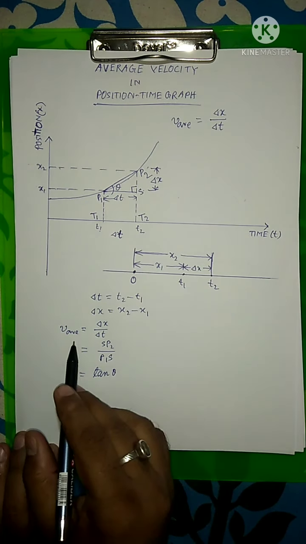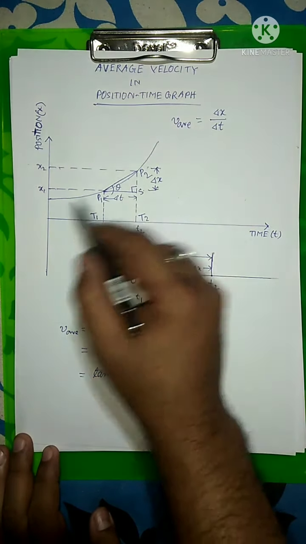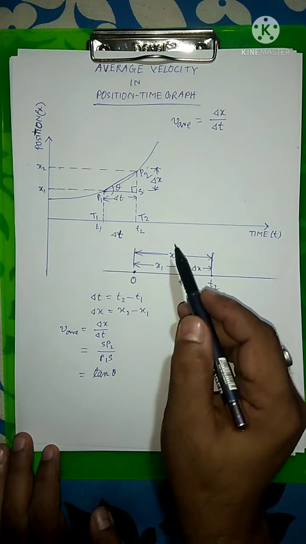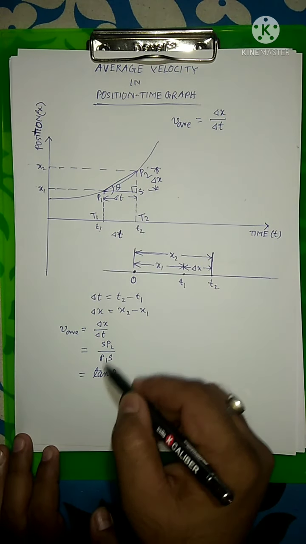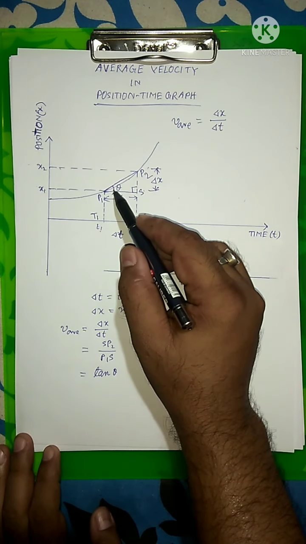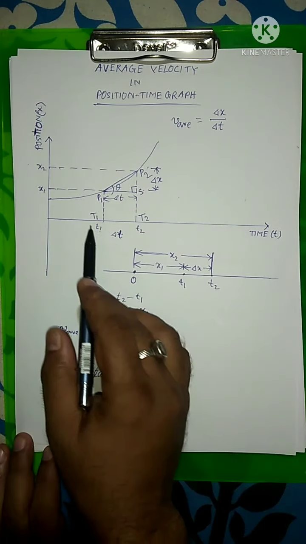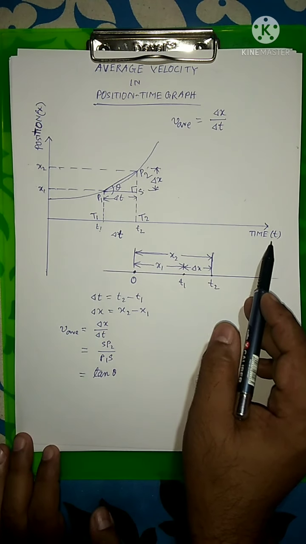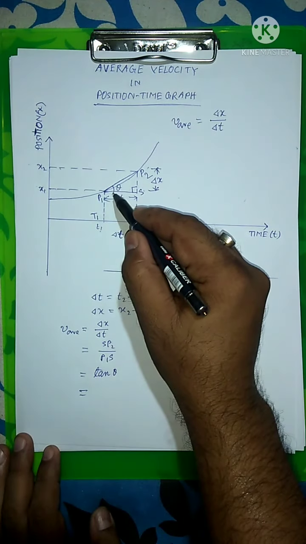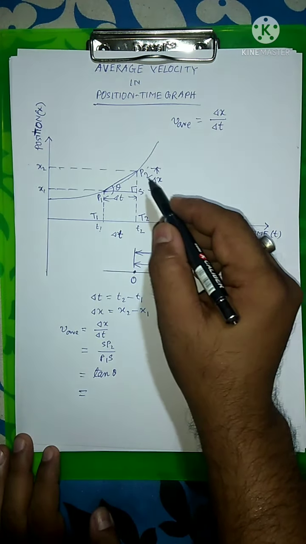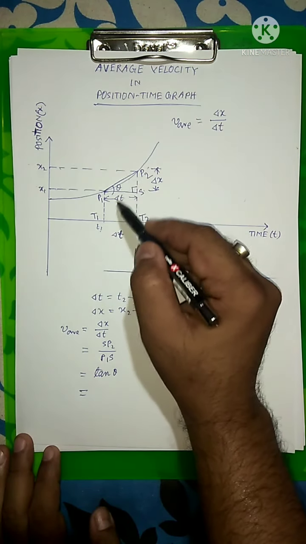Thus, the average velocity of a particle in the position-time graph is the tangent of the angle that the corresponding chord makes with the positive direction of the time axis. And tan theta is known as the slope of the chord.